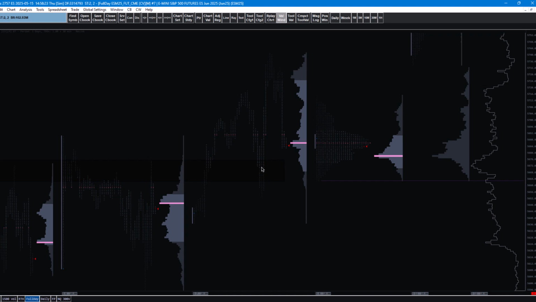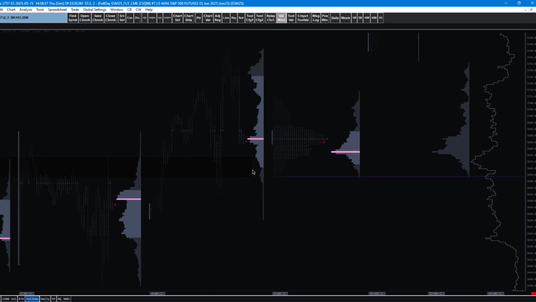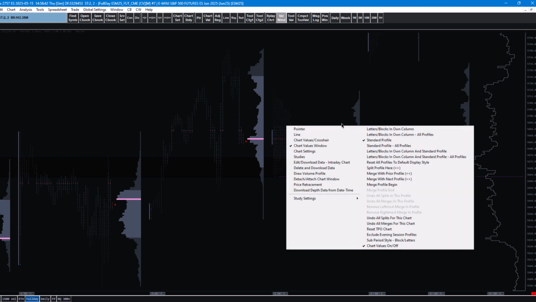We break, but I'd actually like to go on the lower time frame and see what that was. But we come back into the balance after accepting higher. We reject it. Boom, up. Now we know we're in a higher time frame balance up here, and we're rejecting this lower balance.